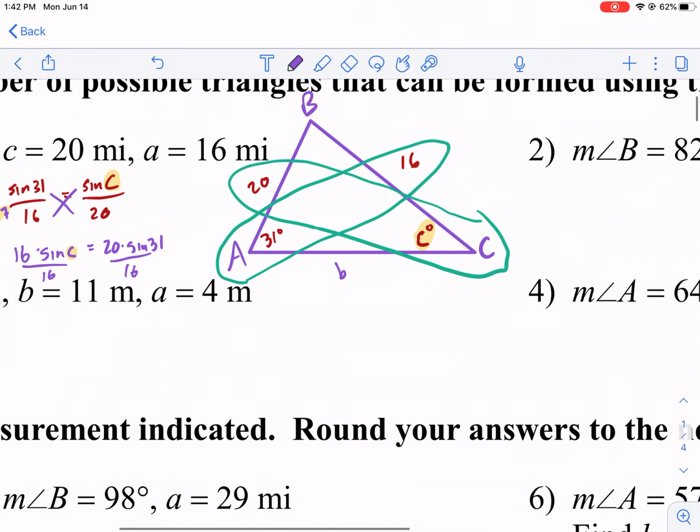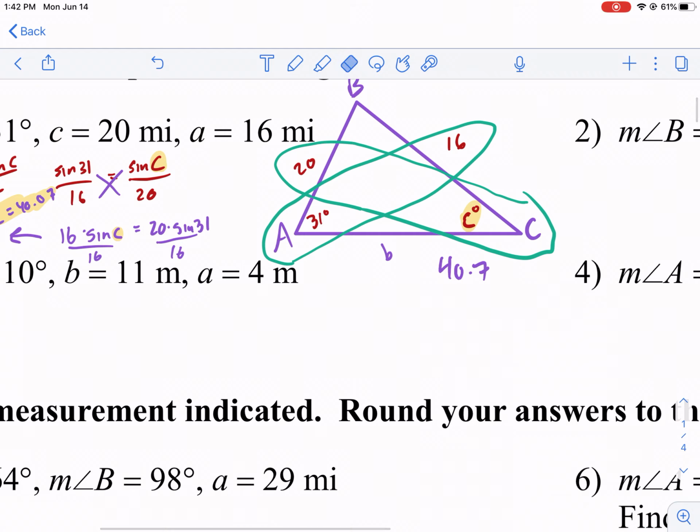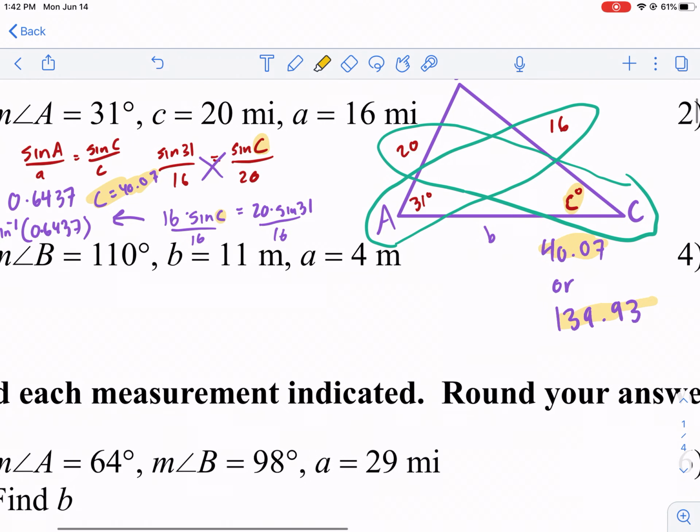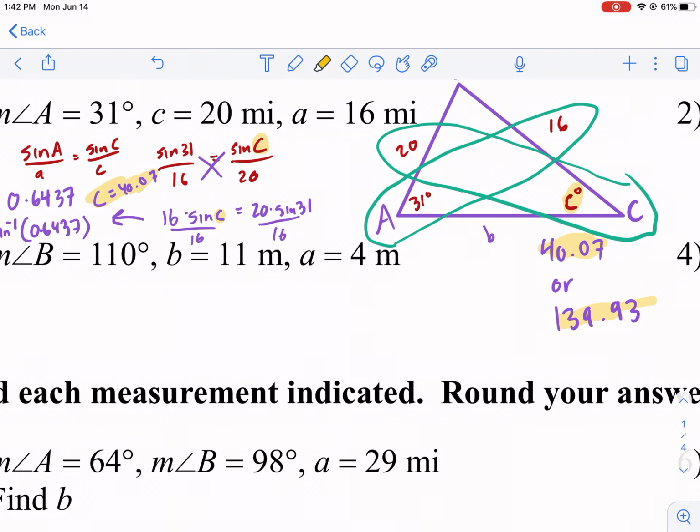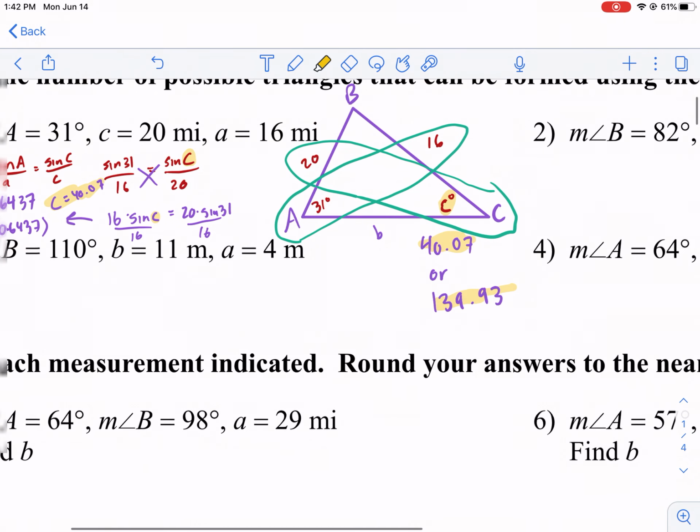So this potentially could be 40.07, but it could also be, we're going to subtract that from 180, 139.93. Okay, so these are our two possible values of C, because the sine is going to be the same for any angle and its supplement, so we always have to check those two values.